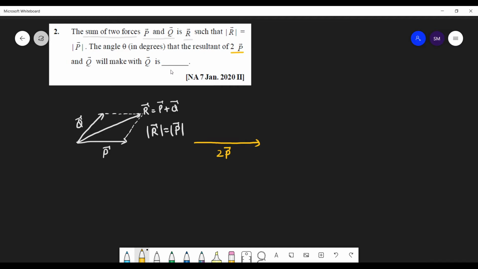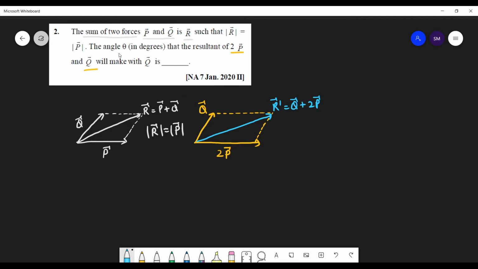The resultant of 2P and Q. So Q is already in this direction. That's absolutely fine. I will have the resultant here in this case also. So that's R dash, the resultant, that's equal to Q plus 2P.